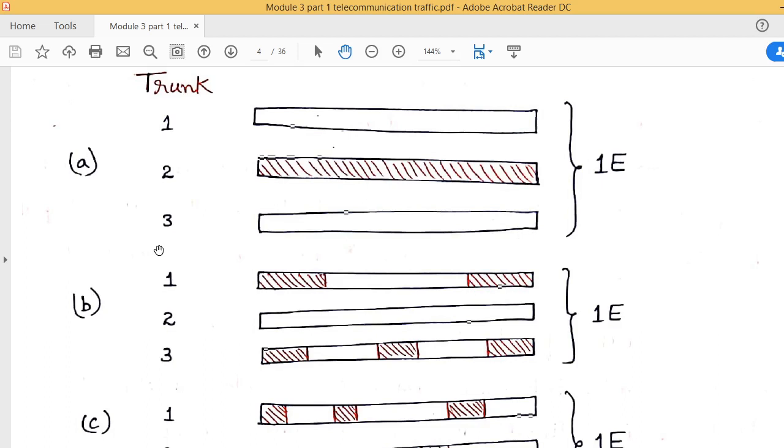Suppose the fourth, extra person wants to make a call, he will observe the busy situation, or he will observe the congestion, because all the other 3 persons are already in conversation with other persons on the other side.